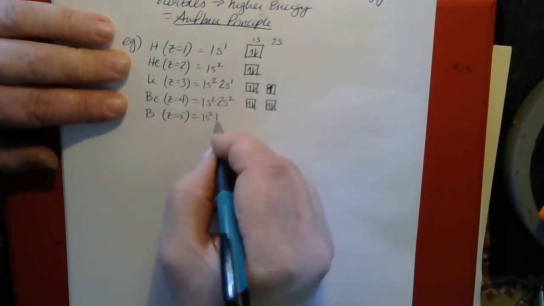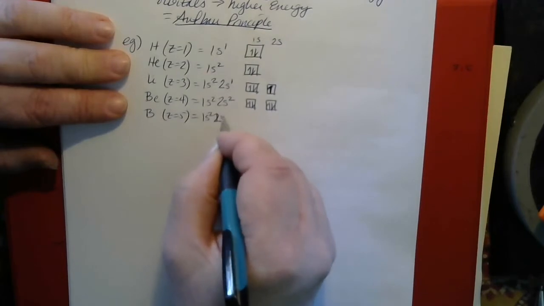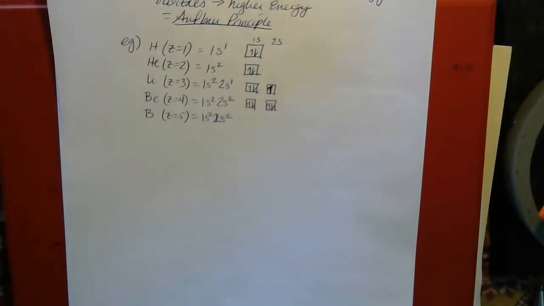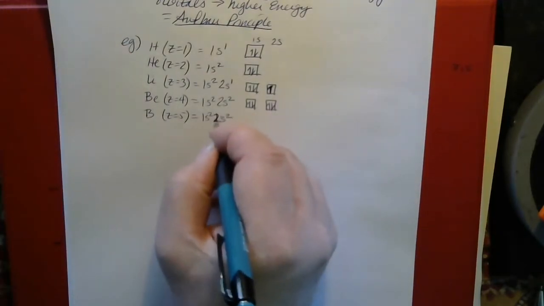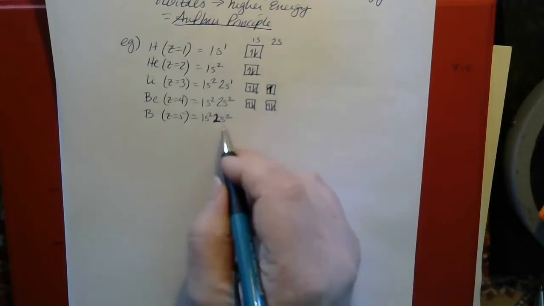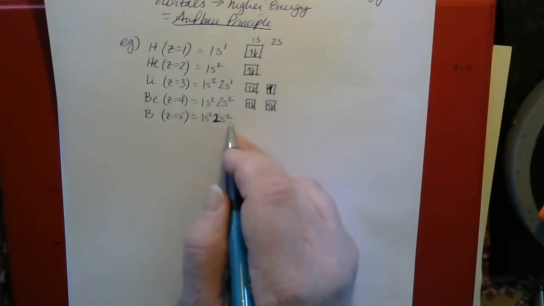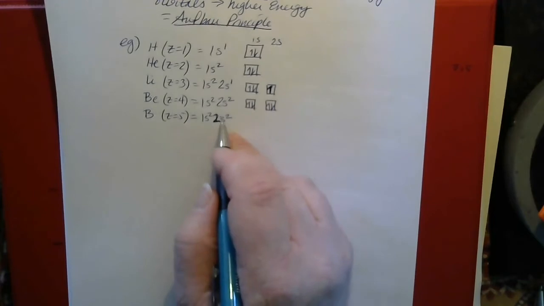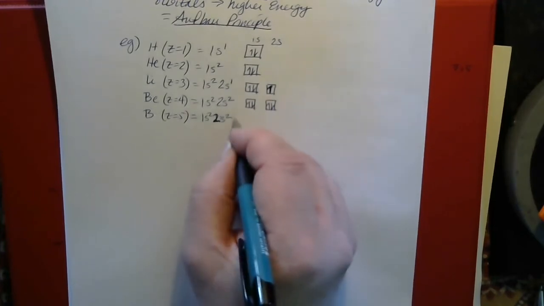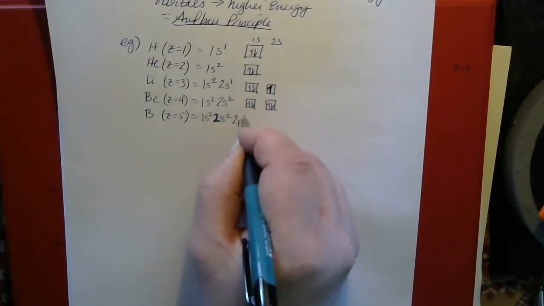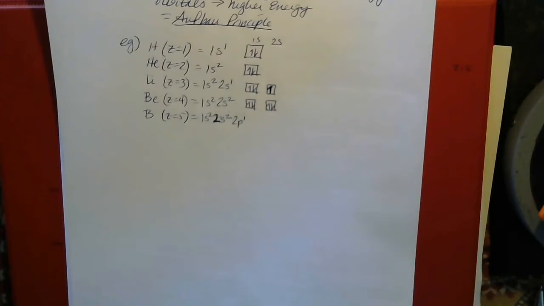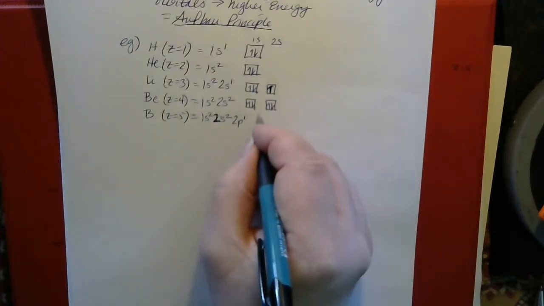Next, boron. Shell number 1 is filled. The s orbital in shell number 2 is filled. And so the 5th electron has to go to the p orbital in shell number 2. There will be a total of 1 electron in the 2p orbital.